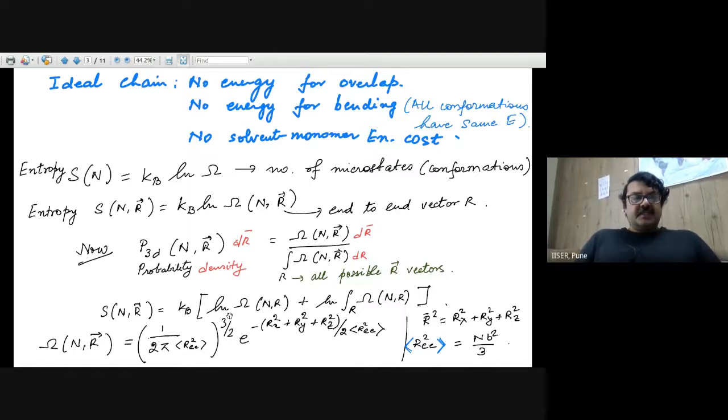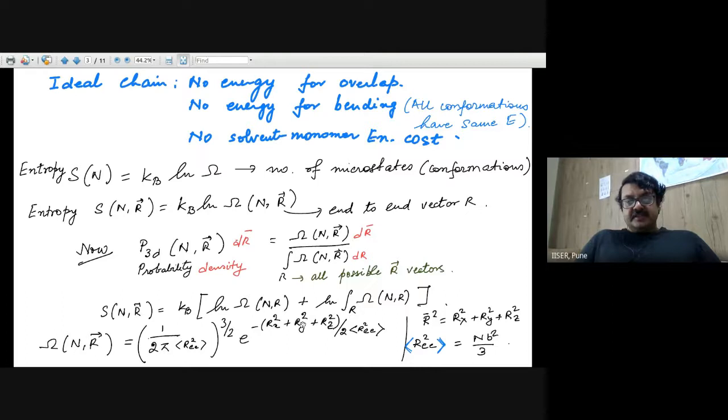But in one of the previous classes, we have already discussed the expression for omega n of R, and omega n of R is 1 upon 2 pi R_EE squared, to the power 3 by 2, times exponential of minus (rx squared plus ry squared plus rz squared) by 2 R_EE squared, right?